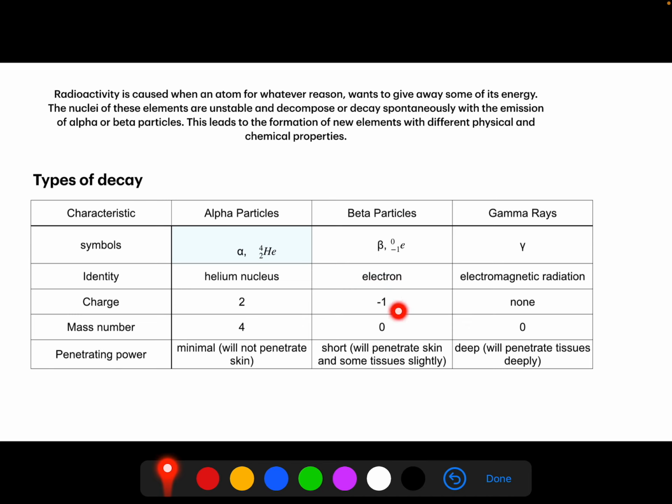It carries a charge of -1, mass 0, and it has slightly higher penetrating power than the alpha particle. It can penetrate skin and some other tissues. Gamma rays are simply electromagnetic radiation with zero charge and zero mass. They have a very high penetrating power.